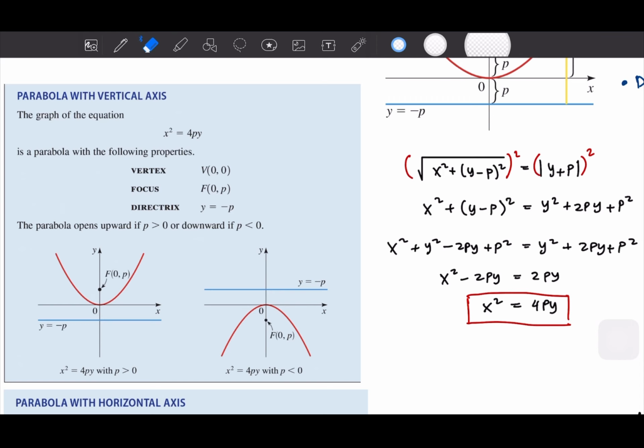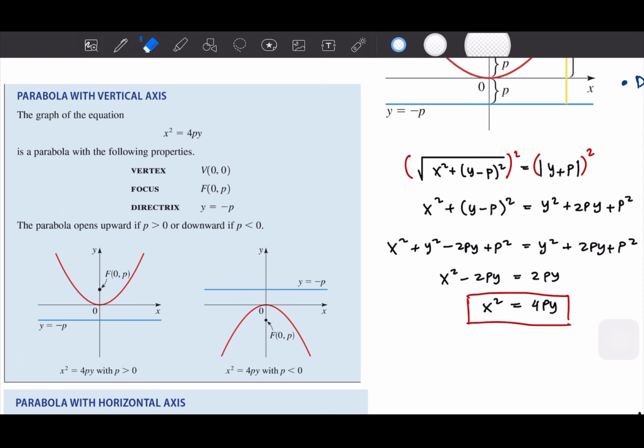The idea behind this conic section, this parabola version, is that we are going to determine the vertex, focus, and directrix. Focus and directrix depend on this p. So when you are asked what the focus or directrix is, it's related to this p.